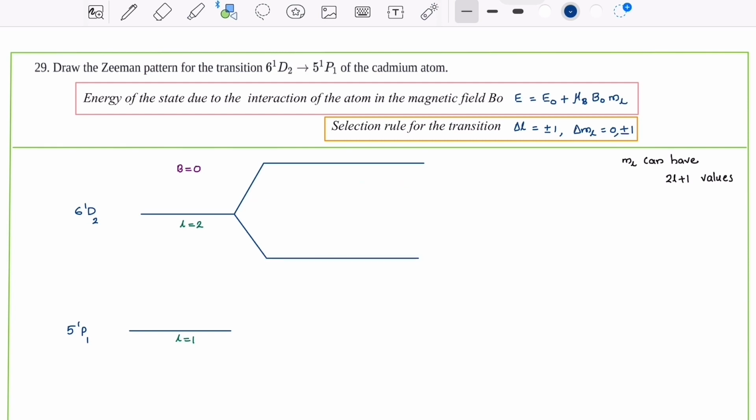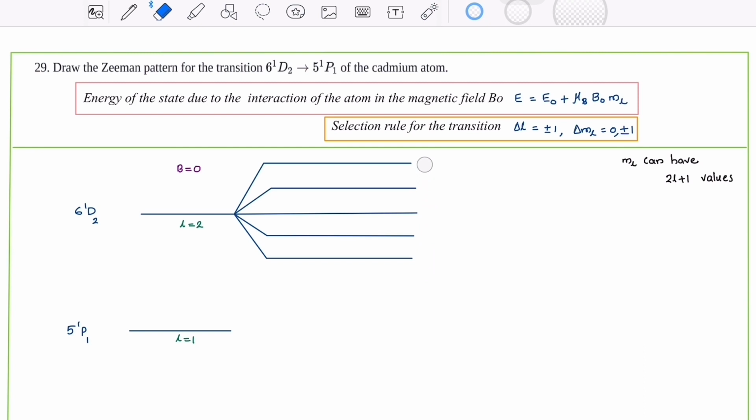Now for L is equal to 2, ML can have 2L plus 1 values. That is, for L is equal to 2, we have 5 levels corresponding to ML is equal to -2, -1, 0, +1 and +2.